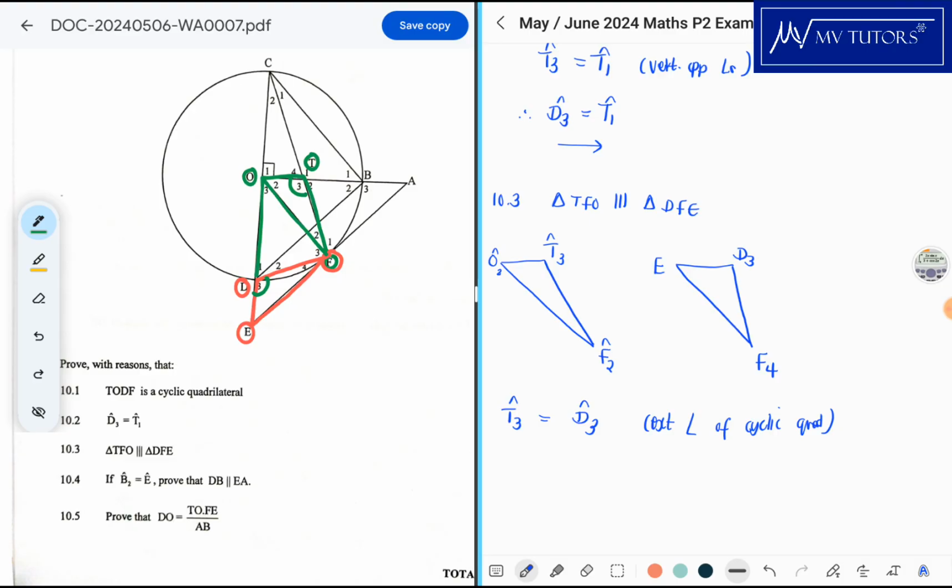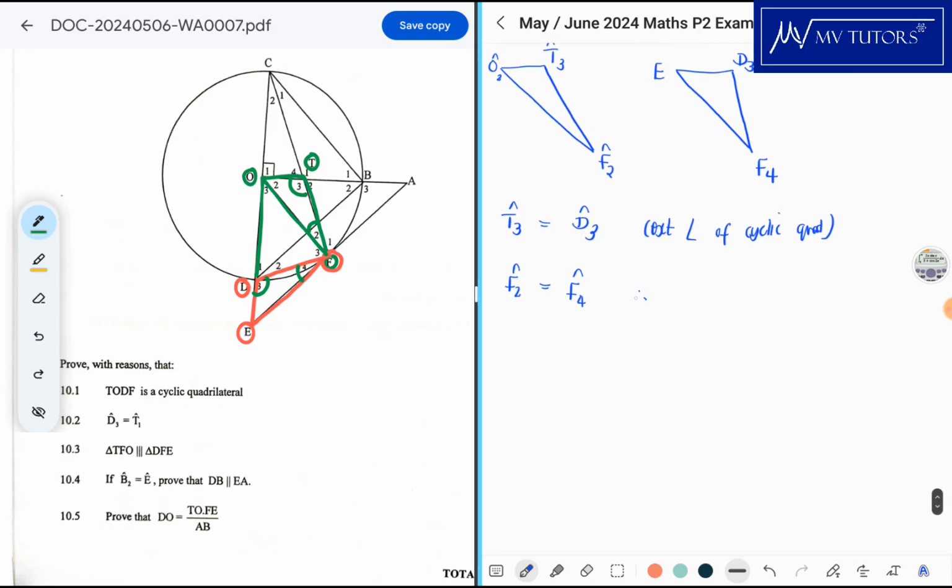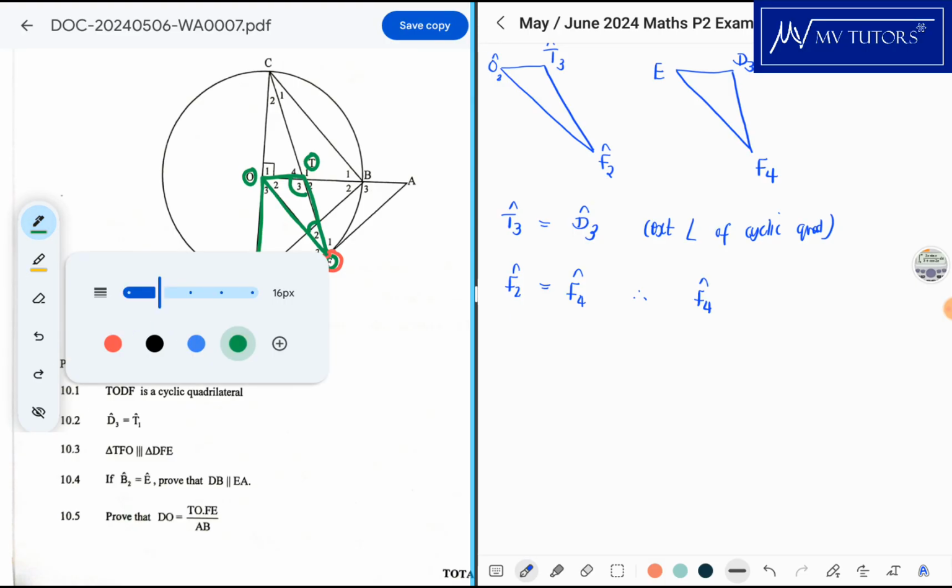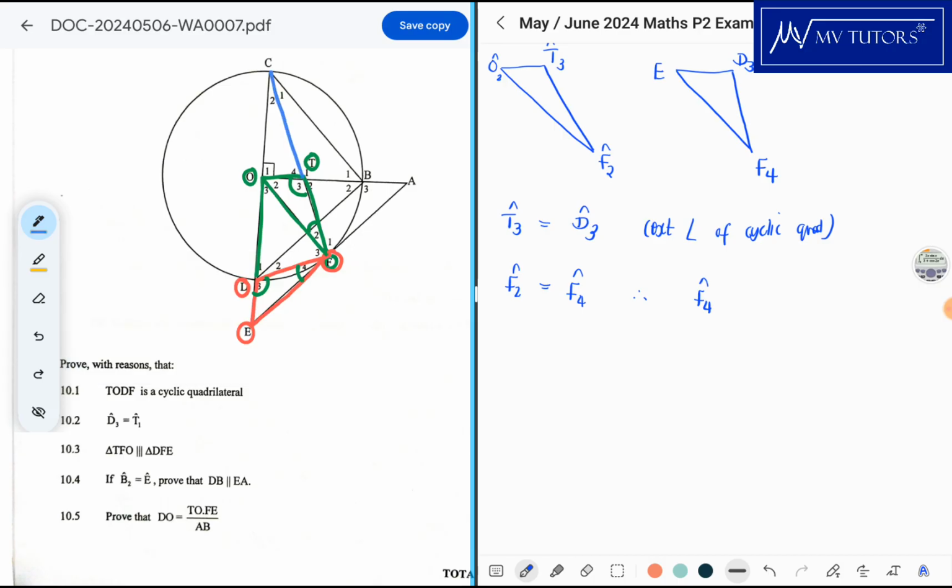Okay, then I'm going to go to F. So I'm going to show that F2 is actually equal to F4. Okay, this is F4. Where's F2? Here's F2. Okay, how am I gonna start? Ooh, okay, remember, if we're looking at this triangle, F4 is actually equal to C2, and that would be the tan chord theorem.